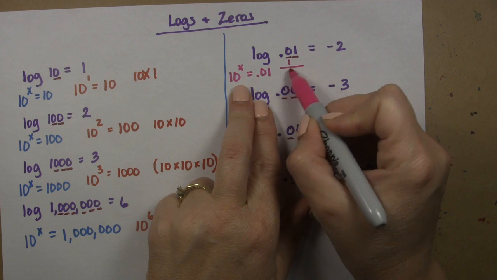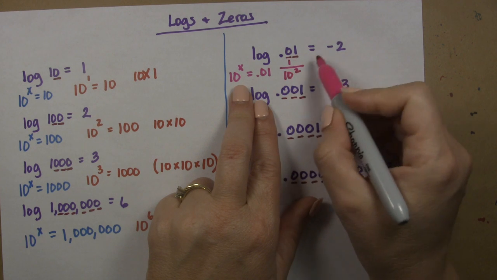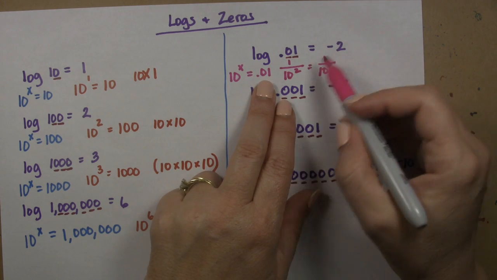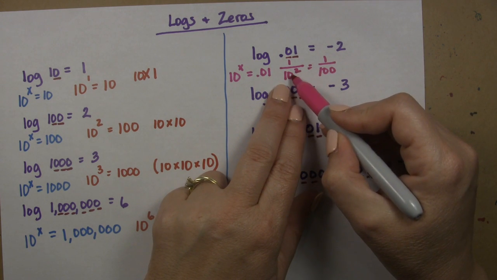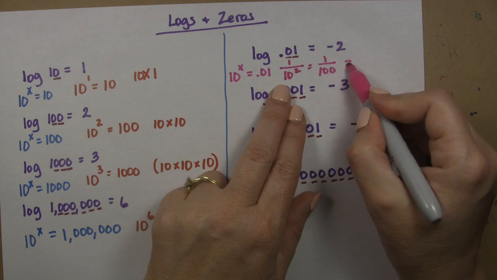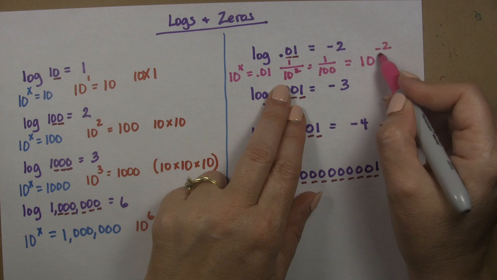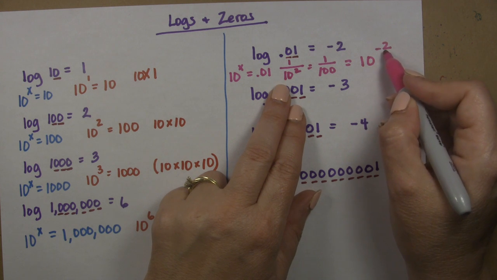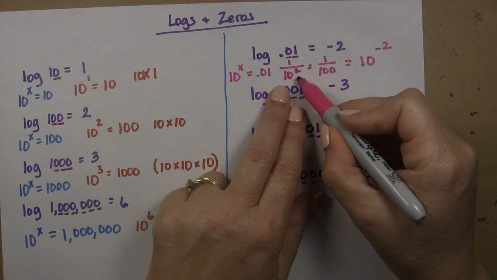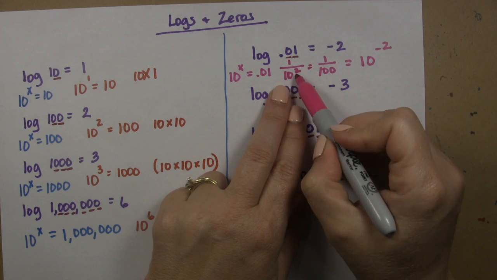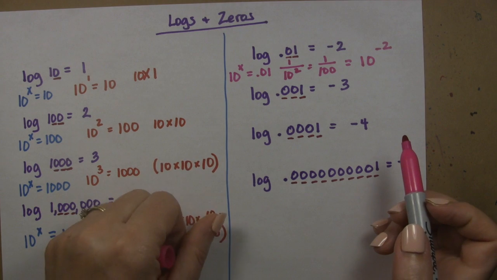We want 1 over 10 squared. That's 1 over 100, right? So that's the 100 spot. And 1 over 10 squared is the same as 10 to the -2 because that's what our negative exponent means. It means go make it live in the basement and take away its negative sign. So live in the basement, take away the negative sign. That's how we get the -2.